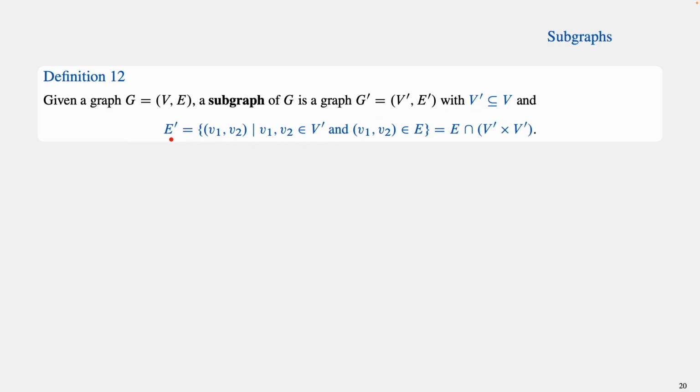So formally, E' is the set of pairs V1, V2, such that the vertices are contained in V', and there's an edge V1, V2 in the set of edges from our original graph. And another way of expressing this is the intersection of E with the Cartesian product of V' with itself.